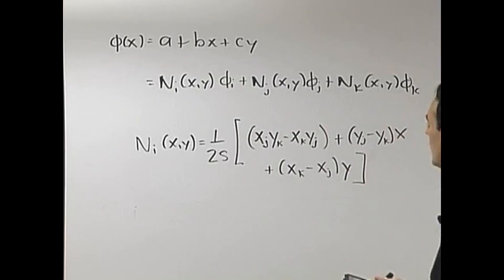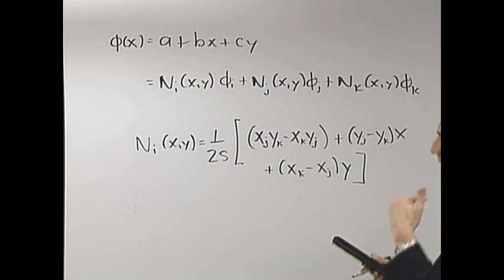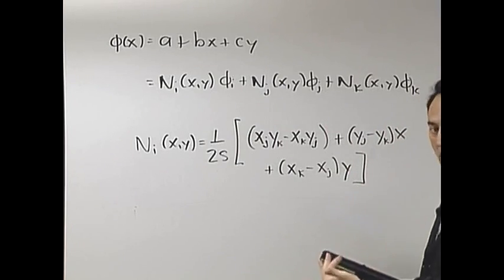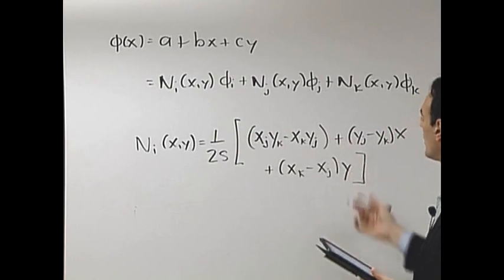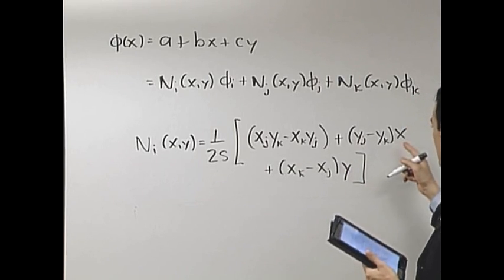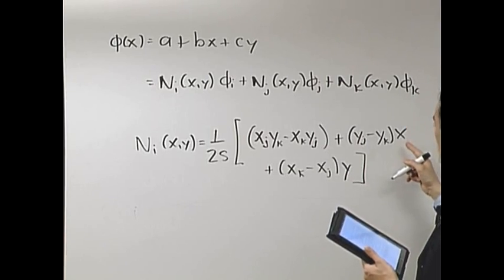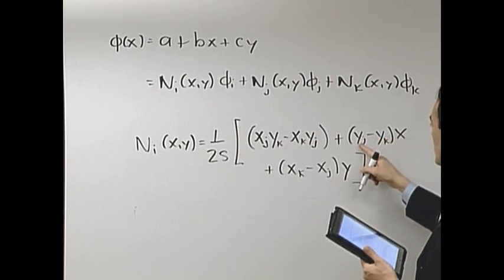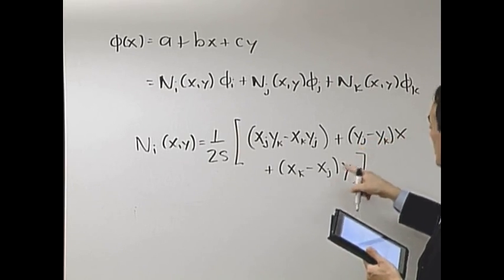There. Okay, let's just verify this. If I'm at xi, yi, what is the value of this? So if I'm at xi, okay, so now I have an xi, yj, and then I'm at yi, and then I have a minus.